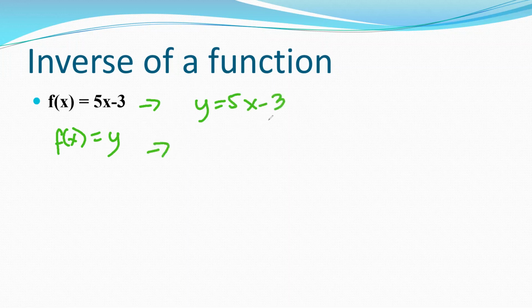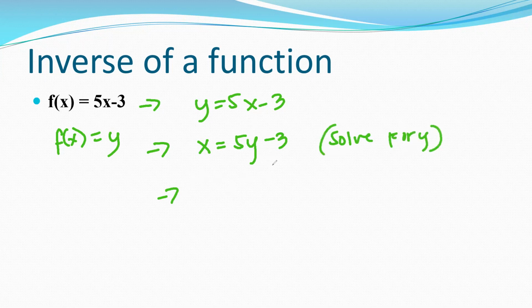Second step is interchange the x and y position. So y will become x, and x will become y. This is x equal to 5y minus 3. And then we need to solve for y. To solve for y, we need to transpose negative 3 to the other side of the equation.